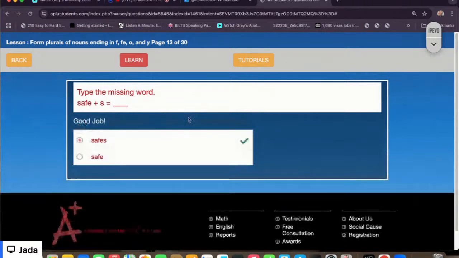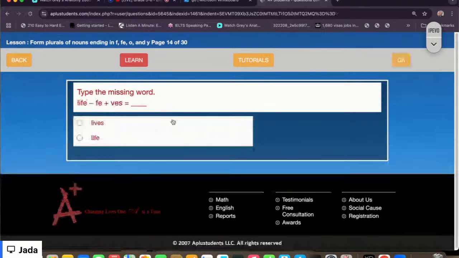Okay, so that's it for this lesson, which is from plurals of nouns ending in F, F, E, or O.